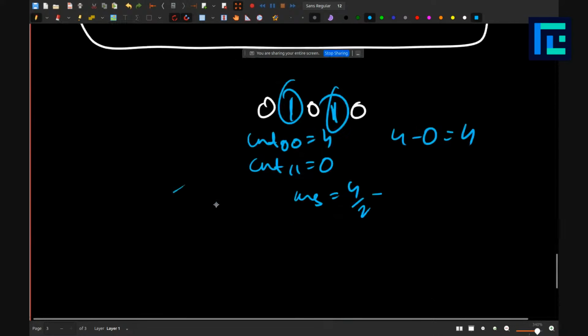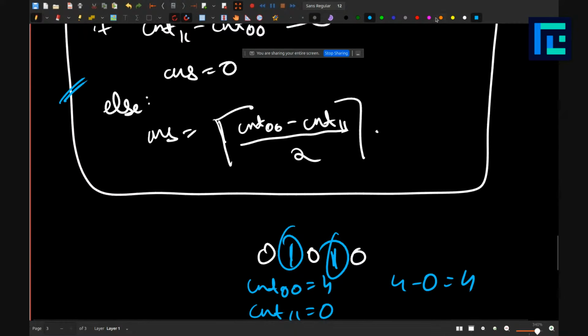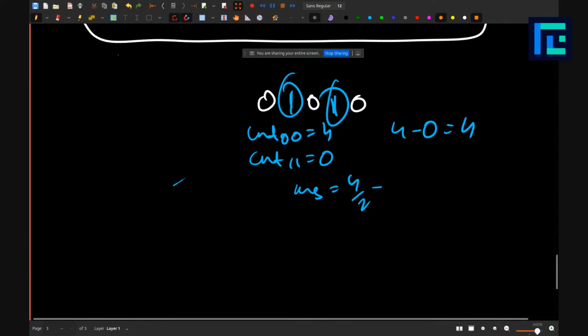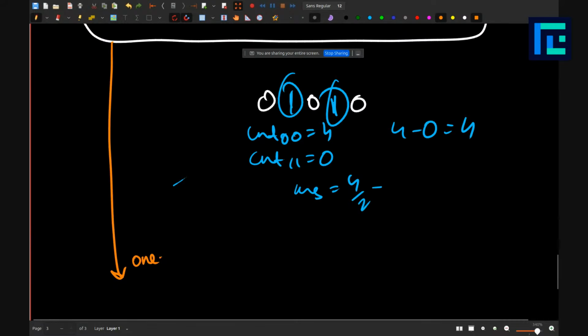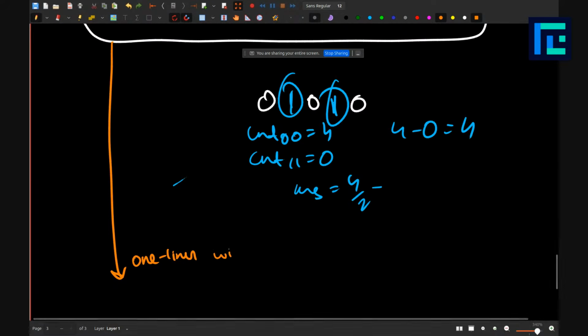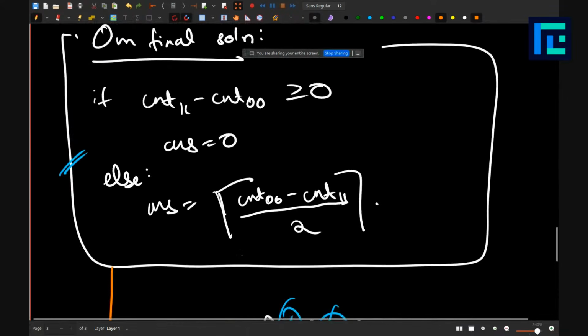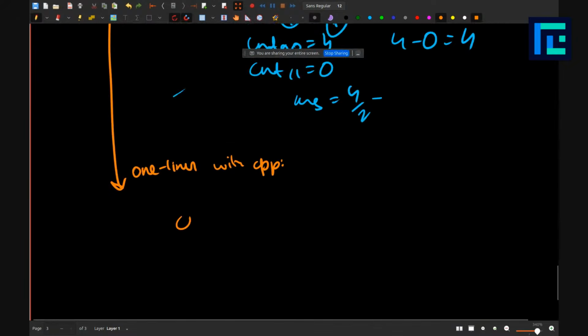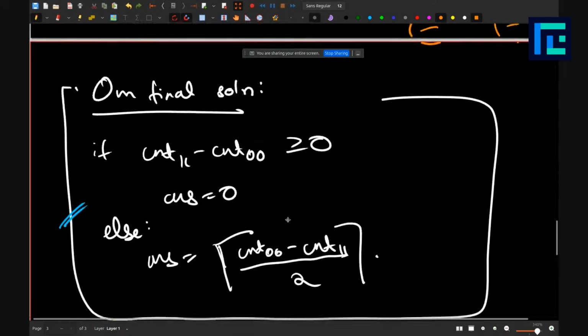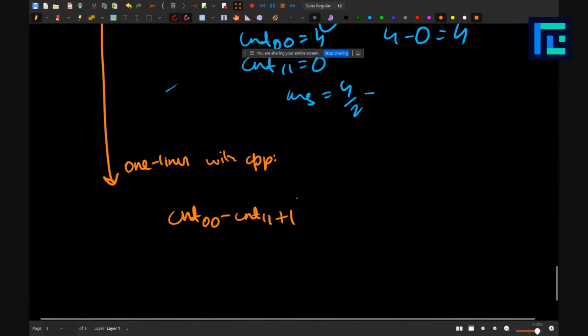If we want to write this as a one liner with C++, we could write it as (count 0 0 minus count 1 1) by 2. So we want to take ceiling, because we want to take the ceil function, because that many steps we need.